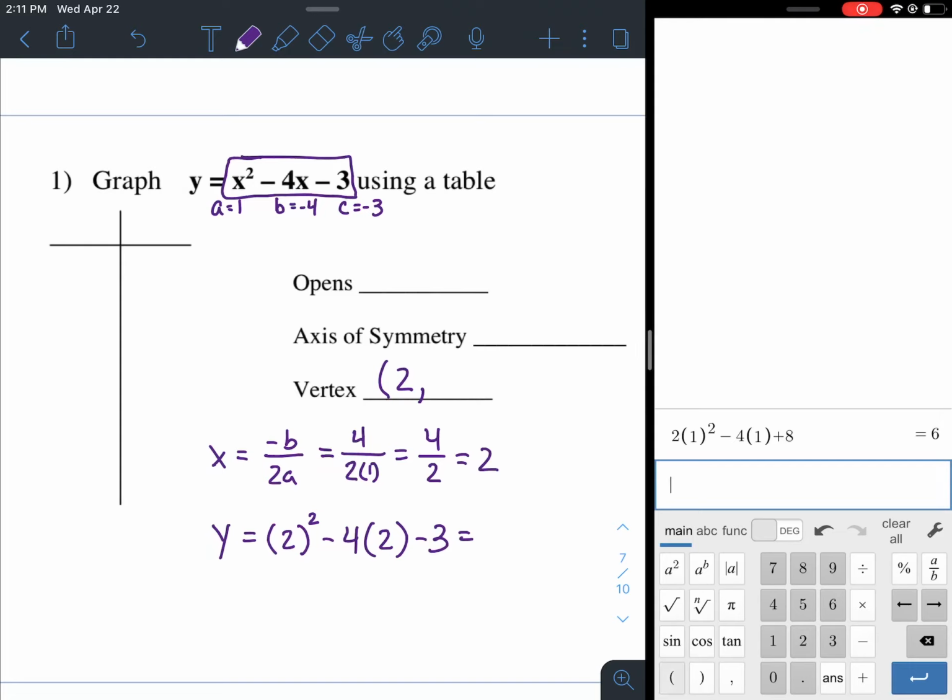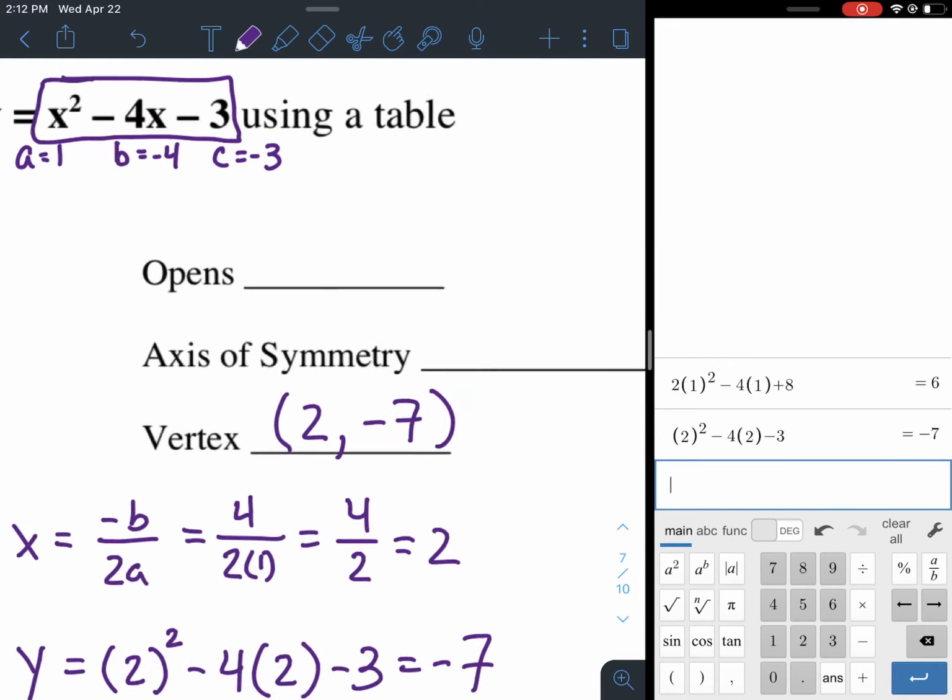So over on the calculator side here, 2 in parentheses squared minus 4 parentheses times 2 minus 3, and we can see that we get negative 7. So the y value of the vertex is negative 7. So the vertex is at 2, negative 7.